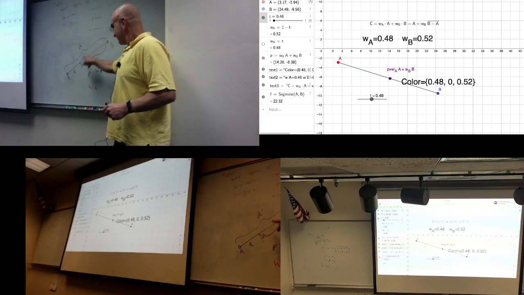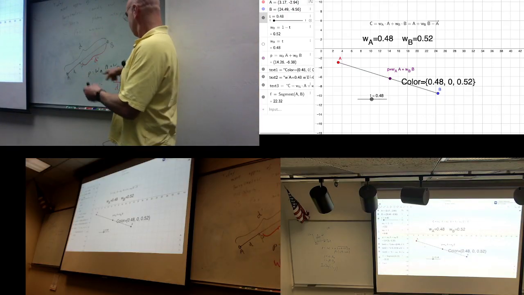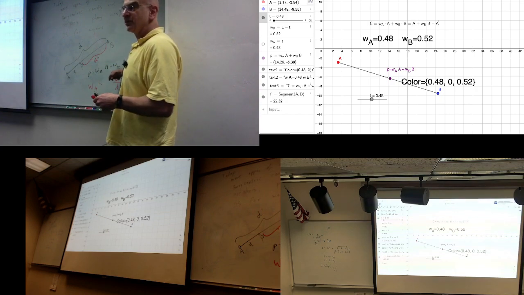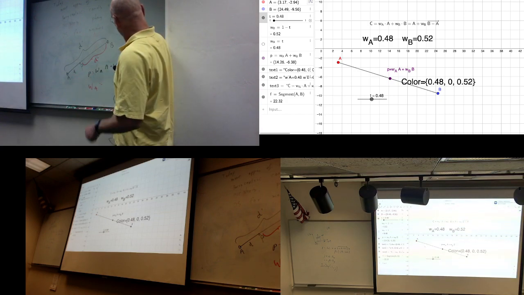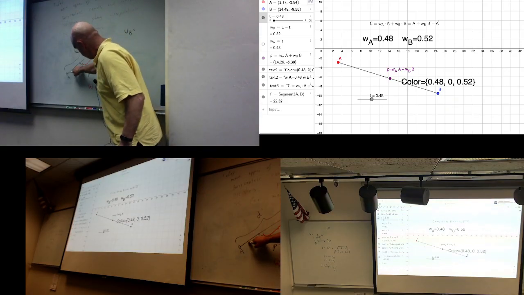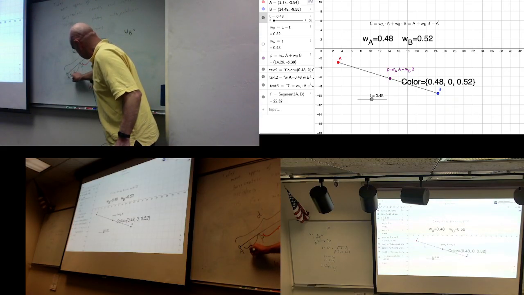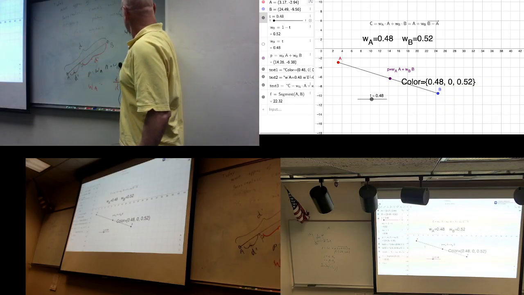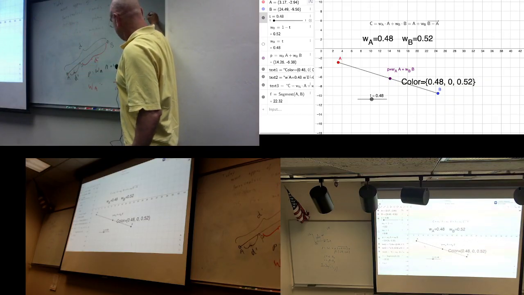And the weight of B is, of course, well, I can derive it by 1 minus, or I can just write it. The weight of B is the part that doesn't touch the segment.